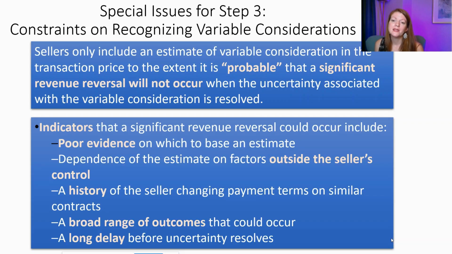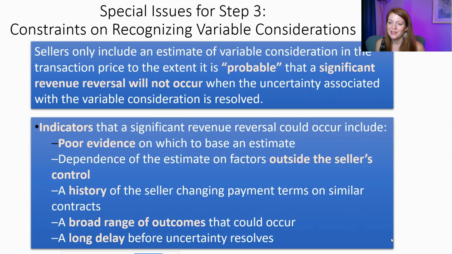It could be dependence of the estimate on factors outside of the seller's control. So as much as we want to meet that deadline, there are some things that may affect it. Maybe it's the weather. Maybe we won't be able to install the equipment if the weather's bad. That's out of our control. Maybe we shouldn't record that bonus yet. A history of the seller changing payment terms on similar contracts.